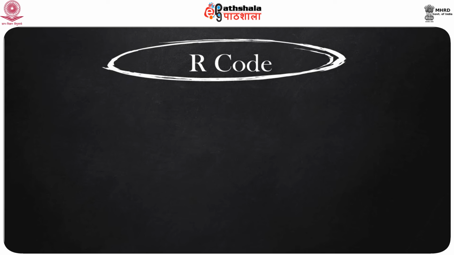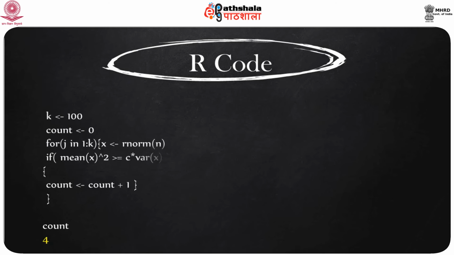Here, as we can see, we are starting with k equal to 100, which means the simulation size is 100 here. That means we are drawing the sample of size 10 each, 100 many times. Next, we are fixing the variable count to be 0.